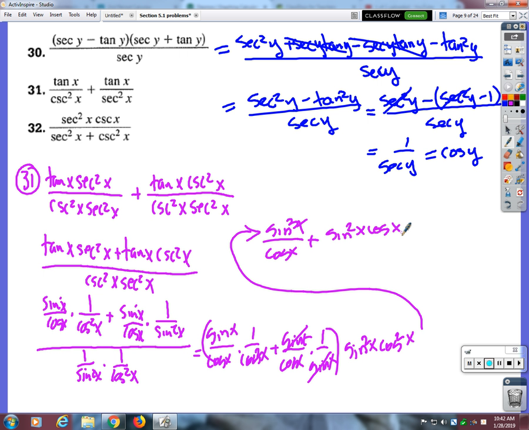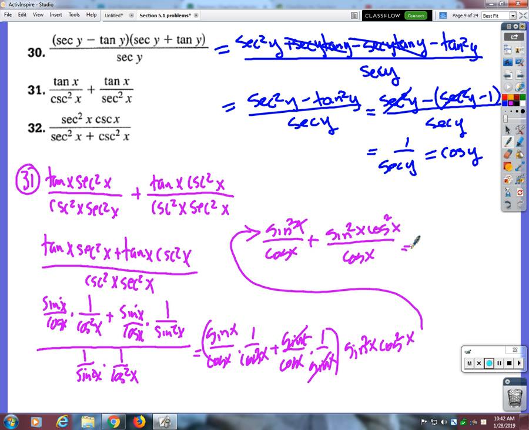So we get a common denominator again of cosine. So I have to put a cosine on the bottom here, which means I have to put another cosine on the top there. Because I have to multiply the top by cosine because I multiplied the bottom by cosine. Oh, actually I lied. That's going to be 1 plus cosine.